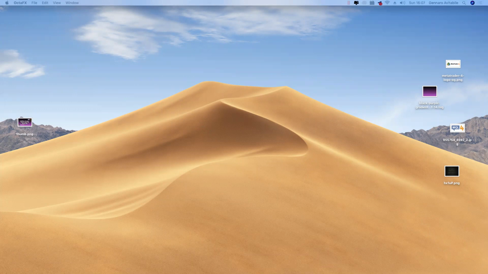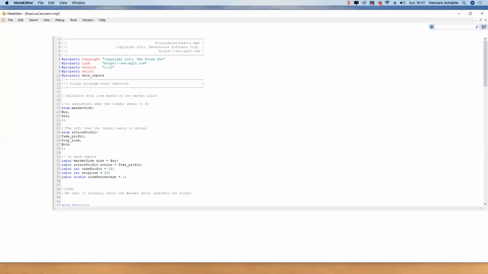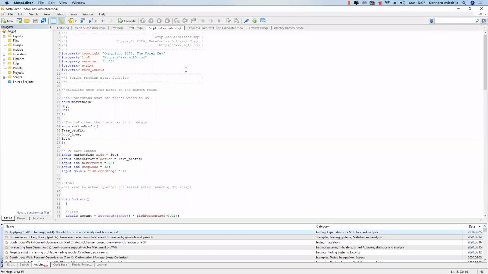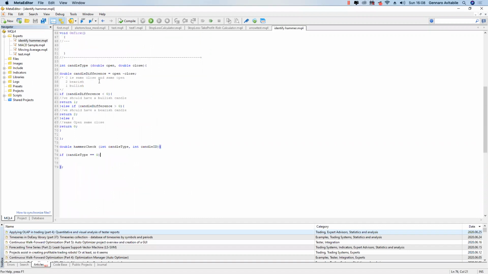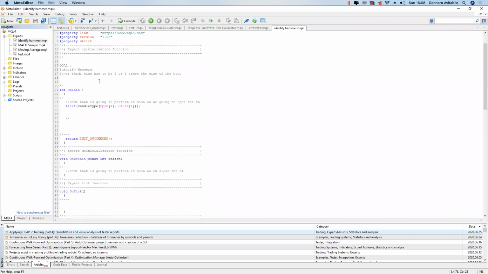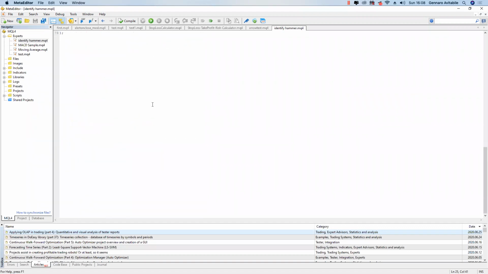Well, I guess I can just open this one here, and then it's going to open that. Let's see if it's going to work out. Yeah, perfect. Identify Hammer. Great. So identify Hammer, here it is, and now it's going to work the right way. I don't know what it was before.